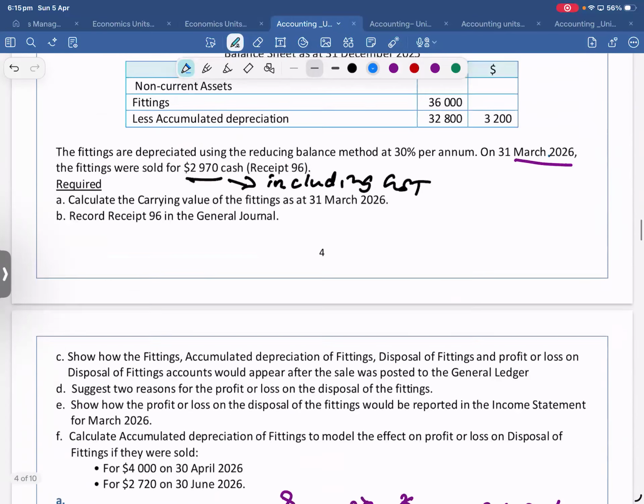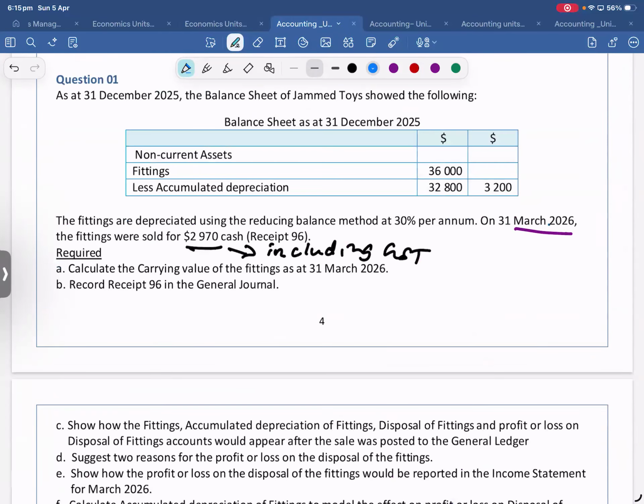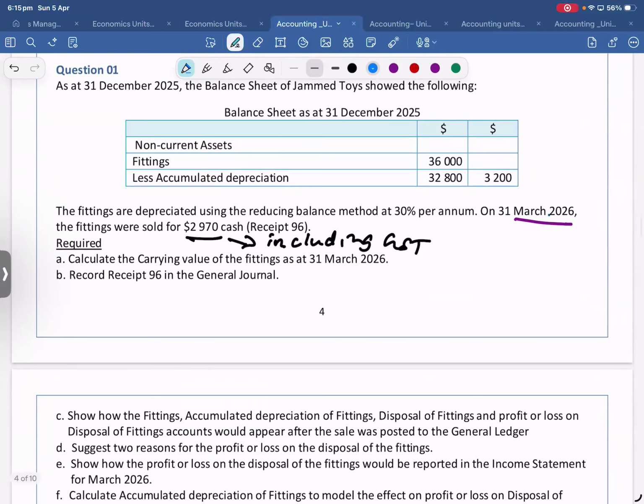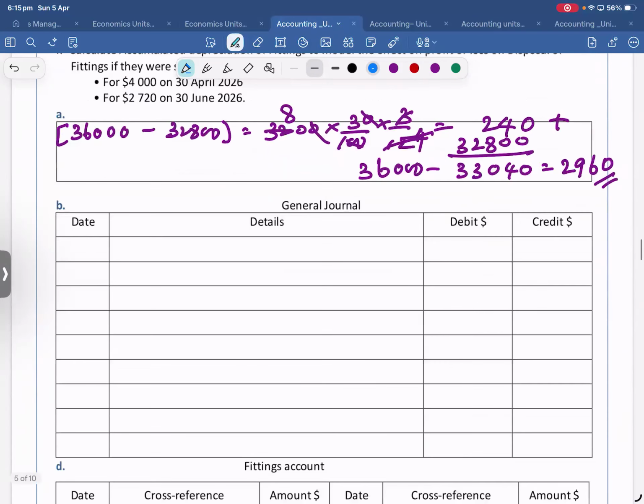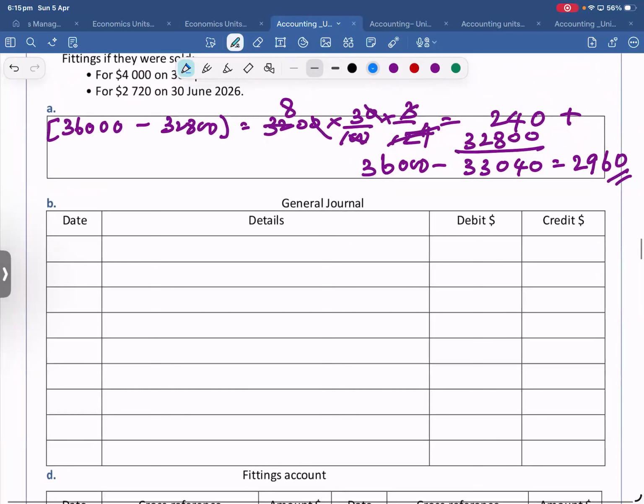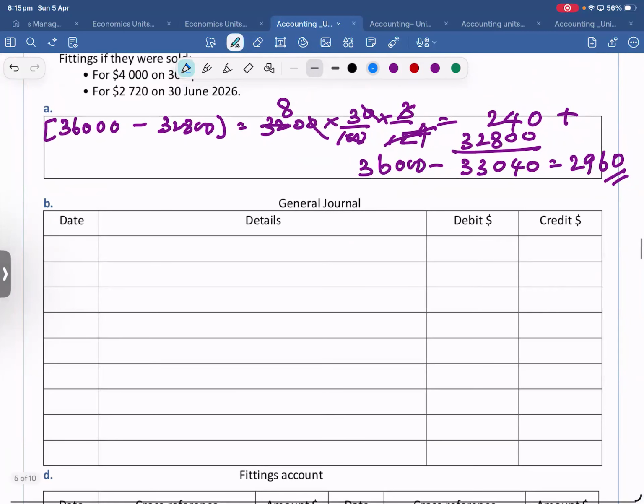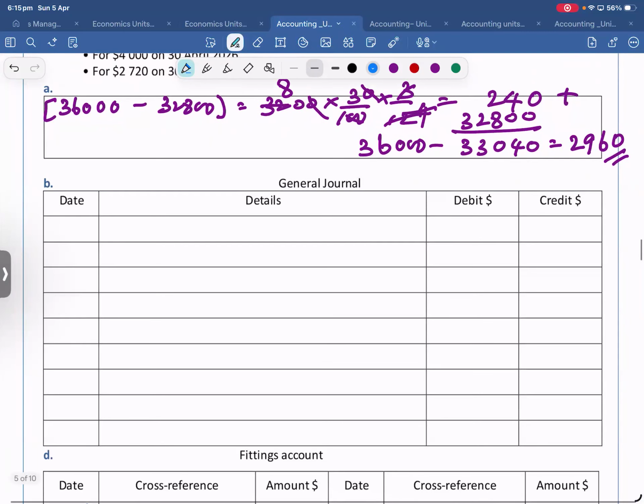Right. Then, guys, part B, record the receipt 96. Please make sure it is with GST, guys. Receipt 96. So what's the first entry? Disposal of fittings. What's the date? 31st, 26.